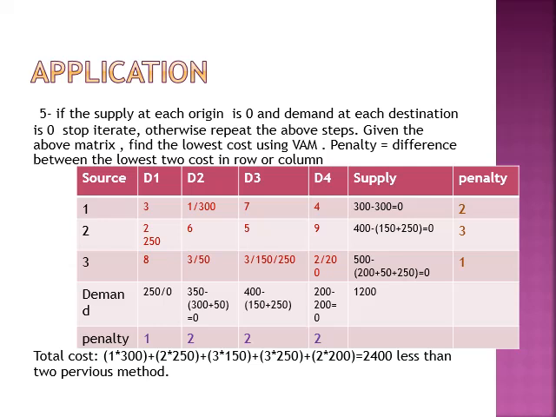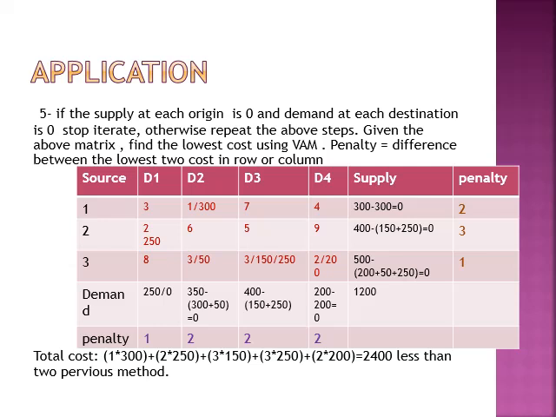Let's move to the next highest penalty. Choose the penalty under the column of D4, and the least cost under column D4 is 2. It is a common cell between D4 and source 2.